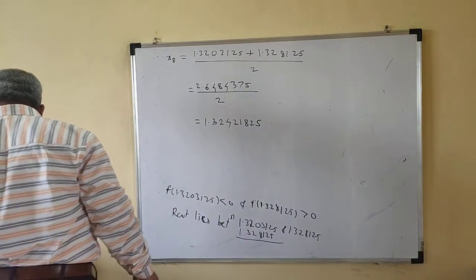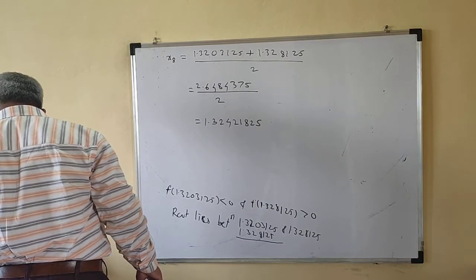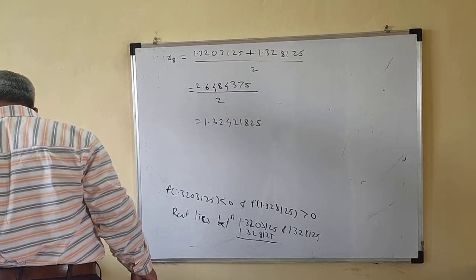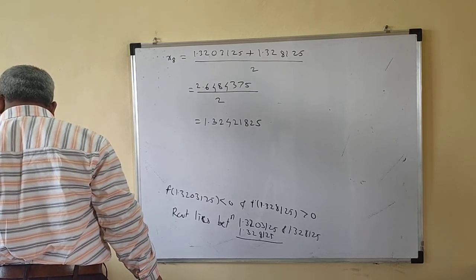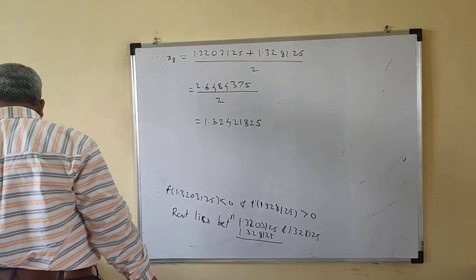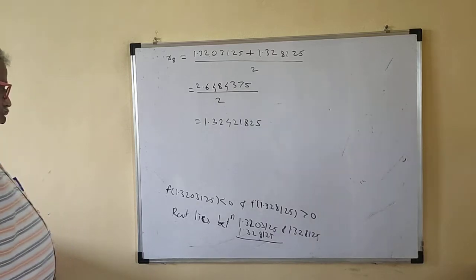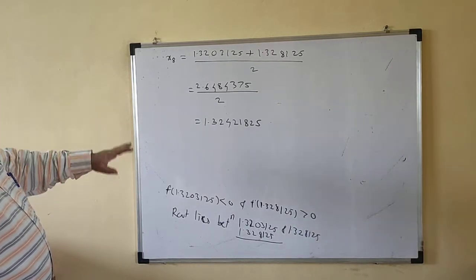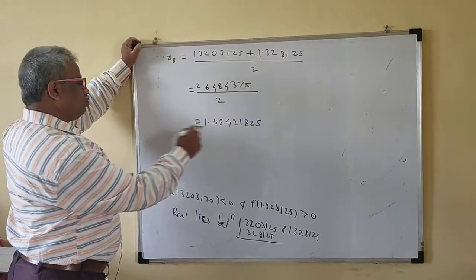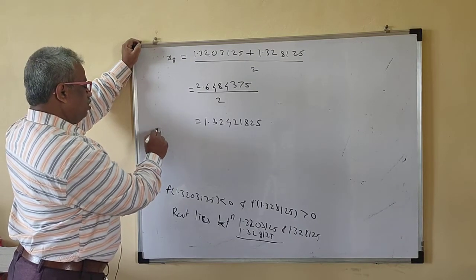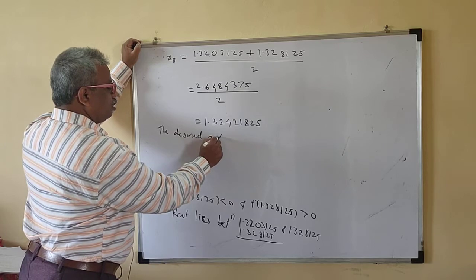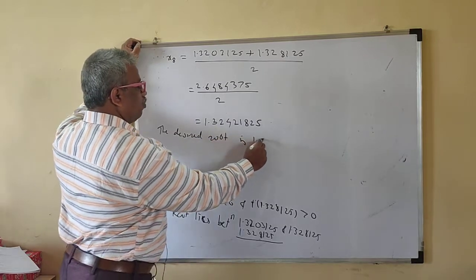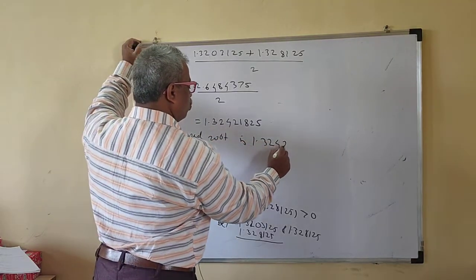Okay, so we did too much calculation, so we will stop here now. This will be the desired root. The desired root is 1.3242.